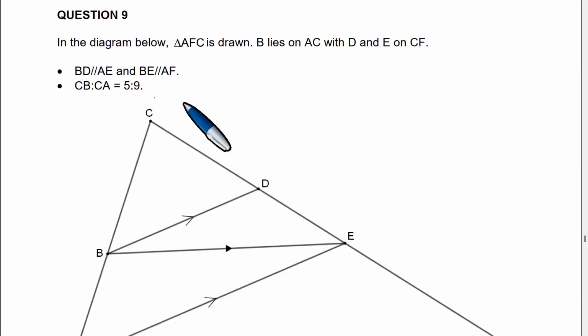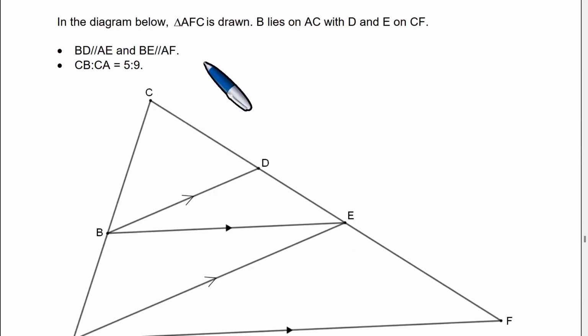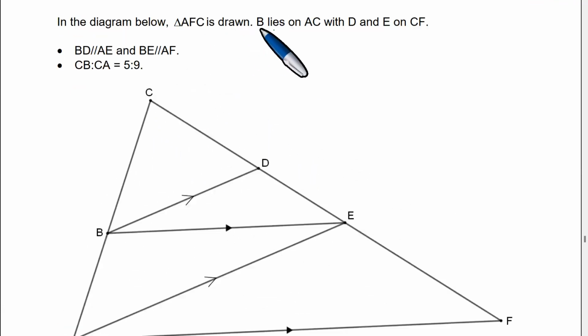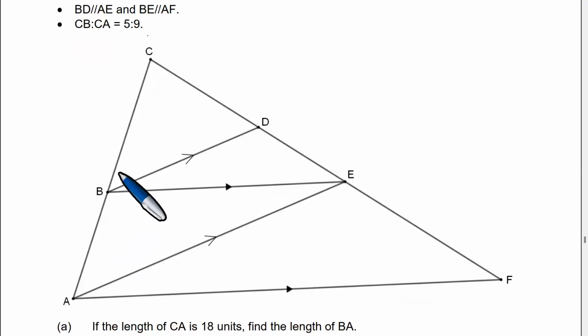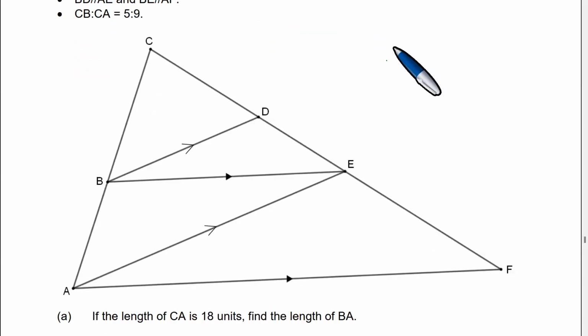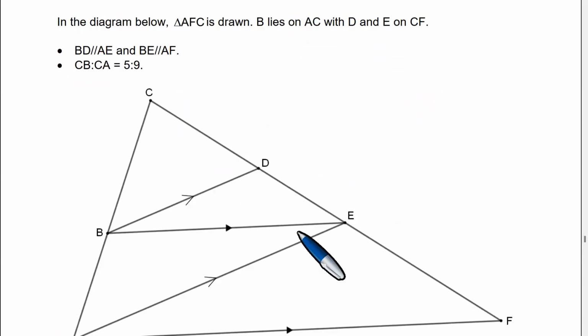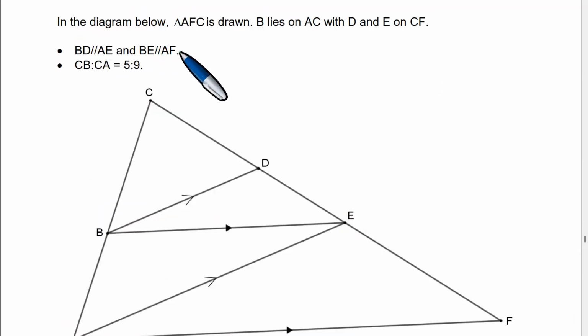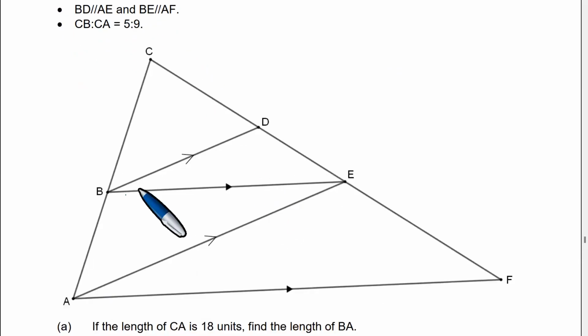Okay, we have this diagram here. You have that AFC is drawn. B lies on AC, and we have D and E on CF. BD is parallel to AE, and BE is parallel to AF.